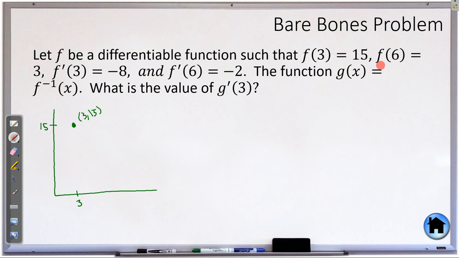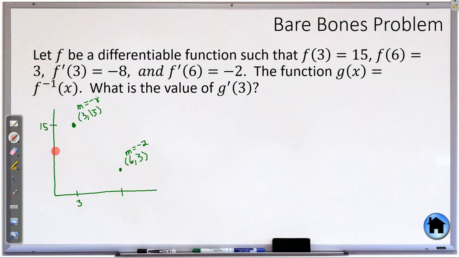And they give us another point, (6, 3), and that is our regular function f. And then they tell us the derivatives at both of those. So f prime at 3, m is equal to -8, and over here at 6, m is equal to -2.